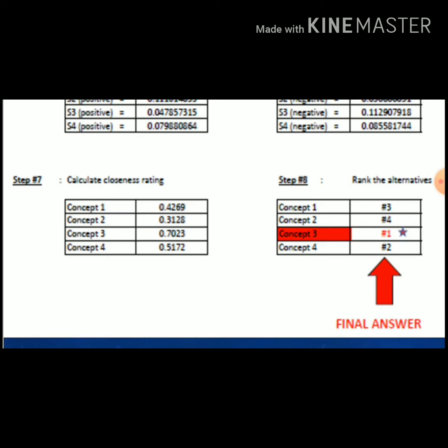And straight away you come to step number 8, ranking the alternatives based on the closeness rating. You have concept number 3 in first rank, followed by concept number 4, then concept number 1, and lastly concept number 2.